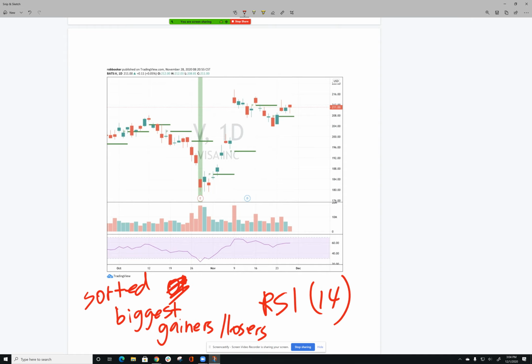Then I flipped through the charts, and all I did was look in the lower panel. I looked for overbought or oversold. That's all I looked for.